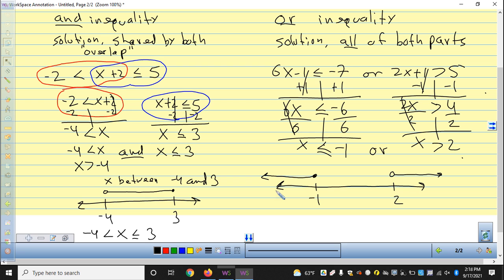So for both kinds of inequalities, we break them into two pieces and solve each one individually. For the and inequality, we're looking for the overlap. For the or inequality, we're looking for all of both parts.